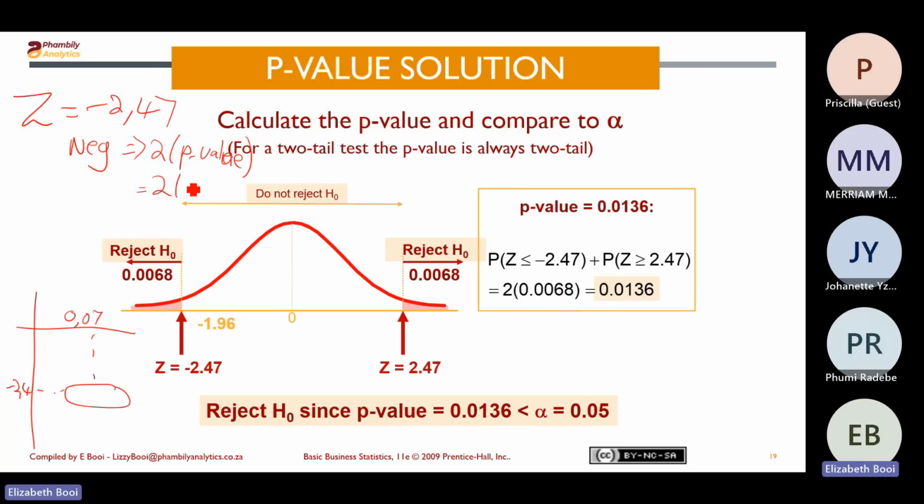So it will be 2 times 0.0068, or you can add them together. And that will give you the p-value of 0.0136. And we're going to reject the null hypothesis, because your p-value is less than your level of significance of 0.05. And that's how you find the answers.